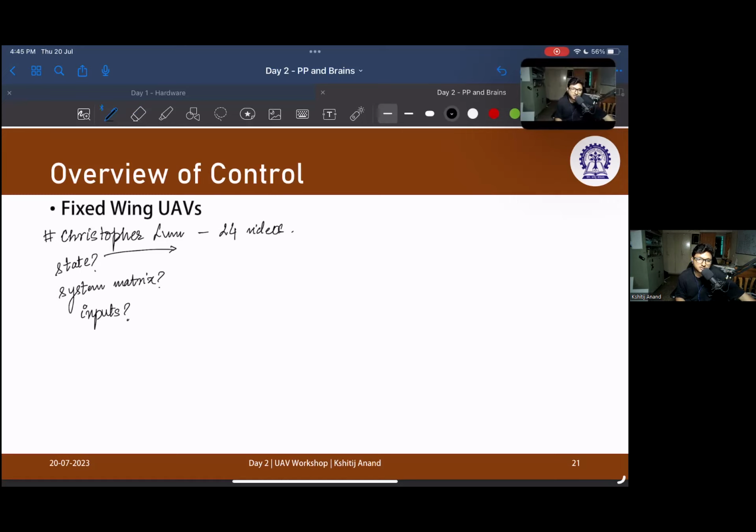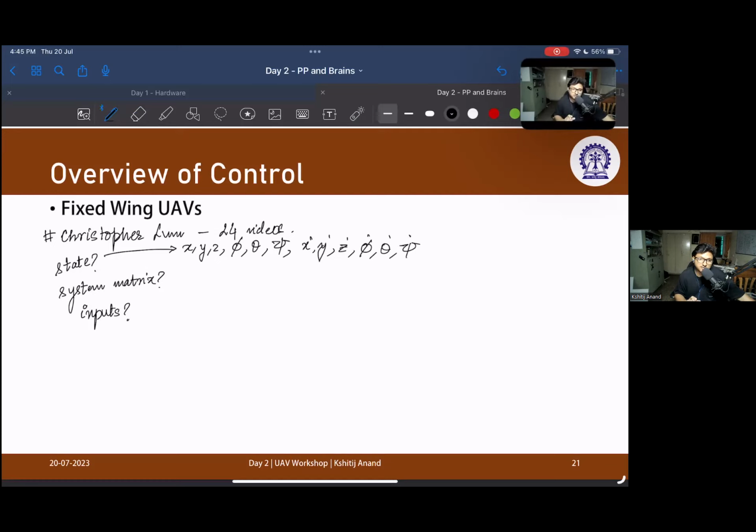Basically three of them are positions, three of them are angles, and then we have their derivatives. So you have x, y, z, you have phi, theta, psi, then you have x dot, y dot, z dot, phi dot, theta dot, psi dot.